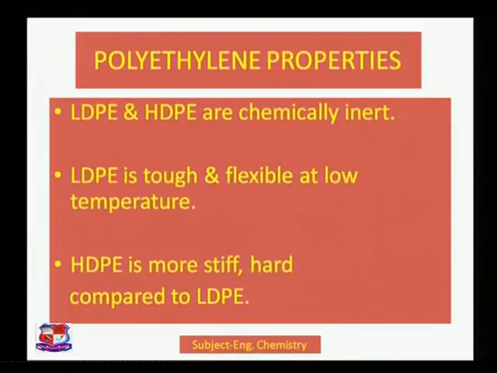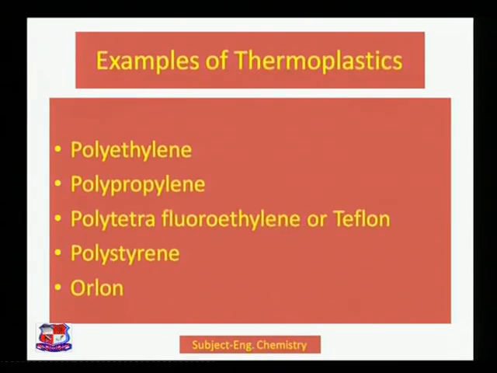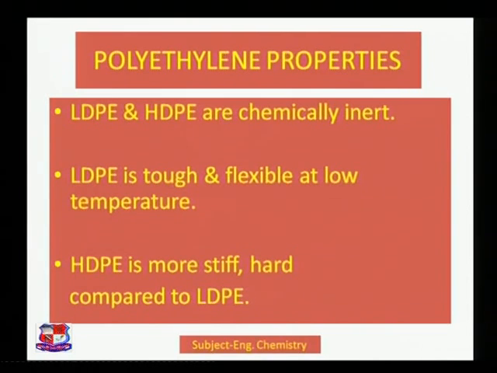Then we can go ahead with polyethylene properties. That is the first polymer in the list. Polyethylene is classified into two different types, low density polyethylene and high density polyethylene. Both have very different properties.